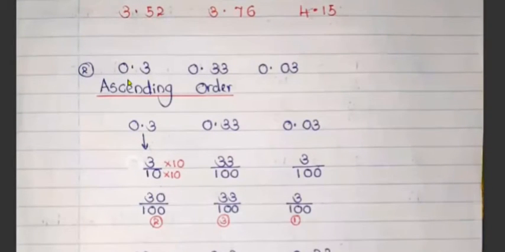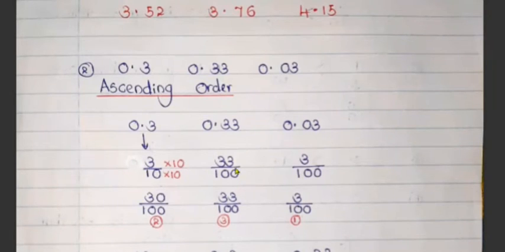Next example. 0.3, 0.33, 0.03. We have to write in ascending order. 0.3, we write everything in fraction form. 3 over 10. 0.33, 33 over 100. 0.03, 3 over 100. Here denominator 100, here also 100.